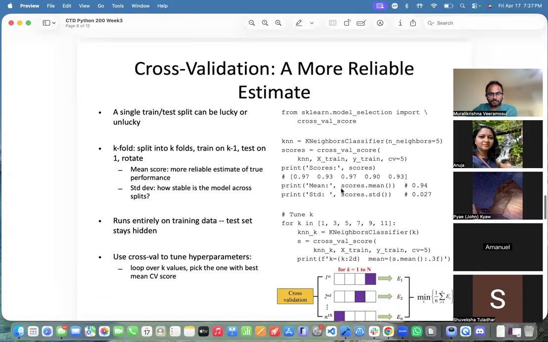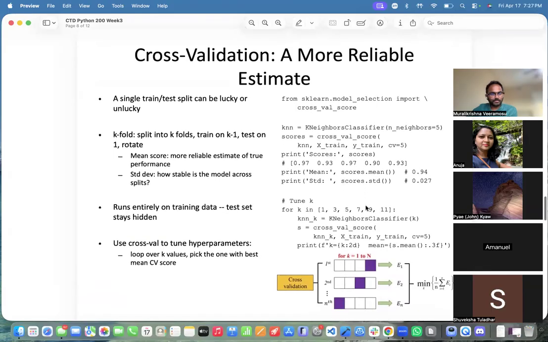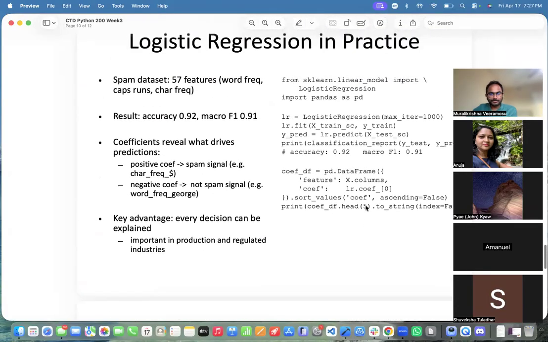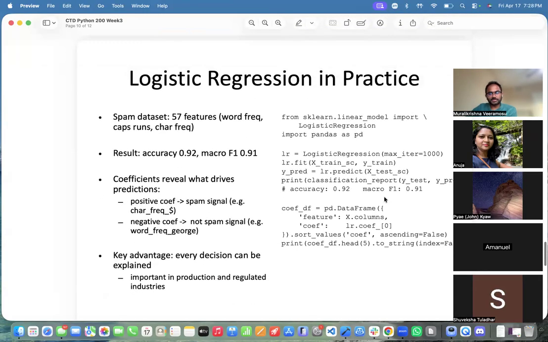Yeah, here, for one of the logistic regression models, the accuracy is 0.92 and F1 is 0.91. So we are looking at accuracy and F1. F1 is a combination of recall and precision.